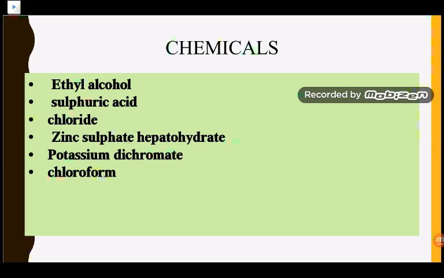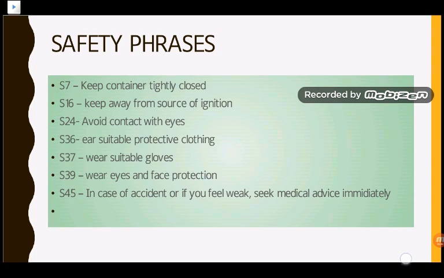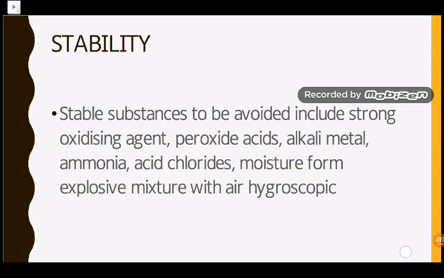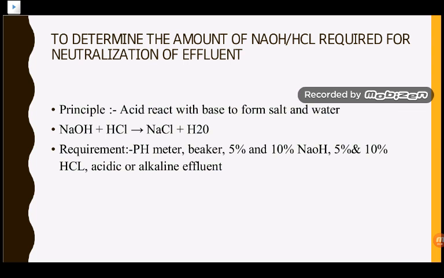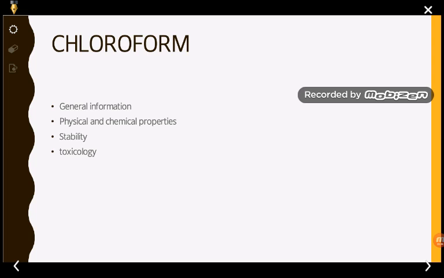What is required for preparing the chemical data sheets is mainly the general information. It will include the physical and chemical properties of that particular chemical. Third is the stability, and fourth is the toxicity.